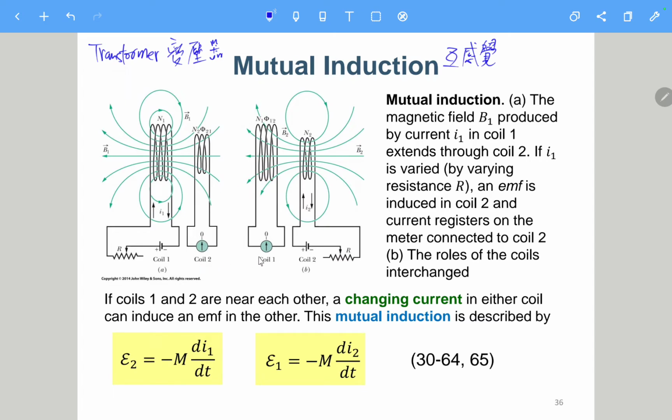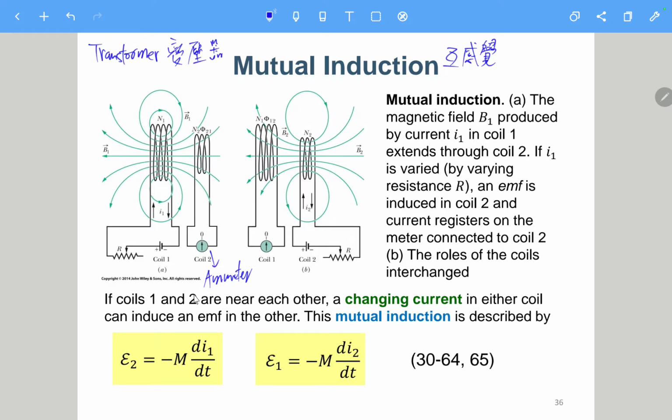This one only indicates an ammeter, to see whether there is any current going through this coil. So if this current is changing, which means the B field is also changing, then the magnetic flux over the second coil is also changing, and there will be some current.